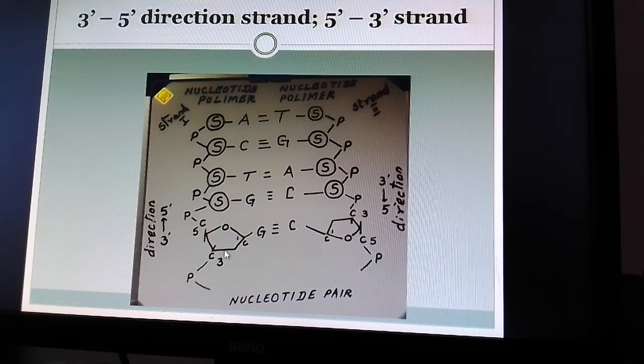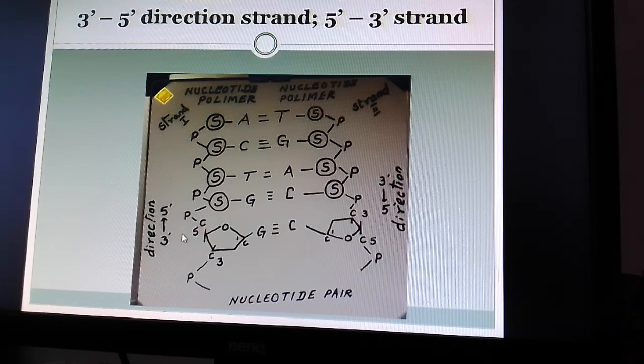Now here you see this is the pentose deoxyribose, pentose sugar. It will be having carbon position 3 and carbon position 5. There are 5 carbon atoms. Now here the phosphoric acid of this side will be joining to 2 points of the pentose, not on the same point of the pentose sugar.